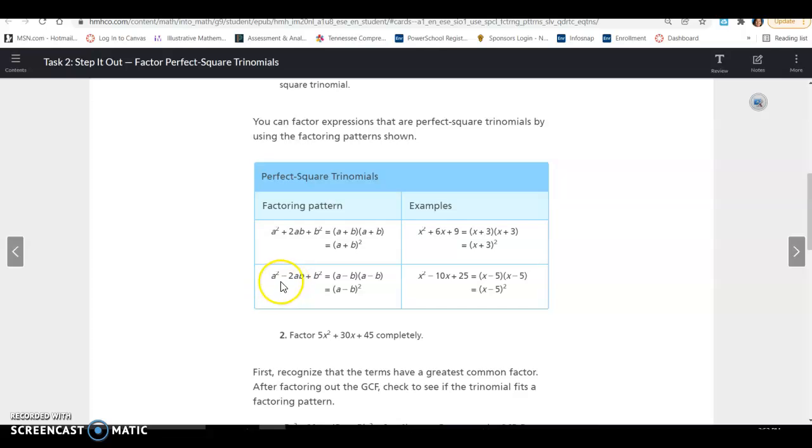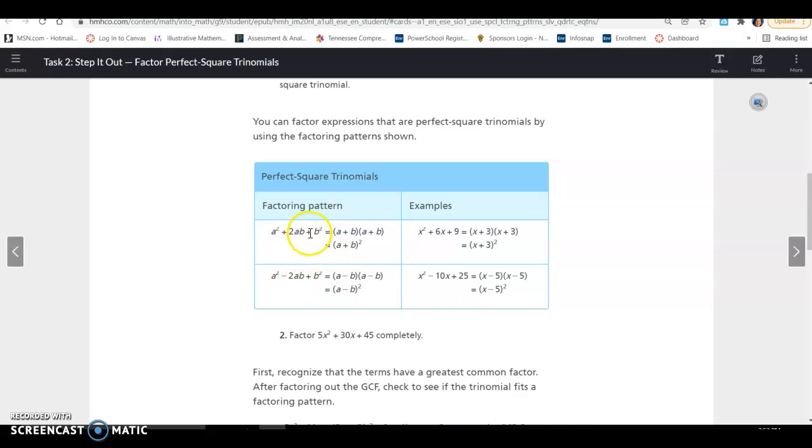All right, same thing, except we've got a negative in the middle. Anything squared is going to be positive. So your first term and your last term will always be positive, because whether you have 2 squared or negative 2 squared, when you square something, it's positive. So the only difference is your middle sign, okay?